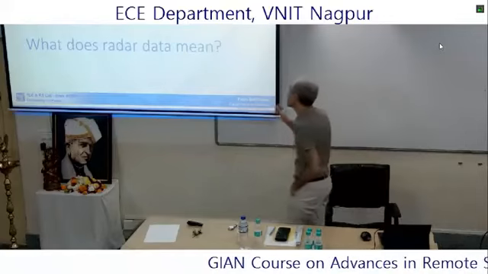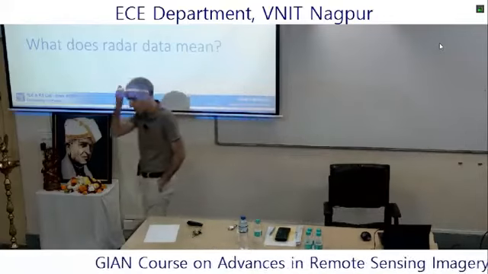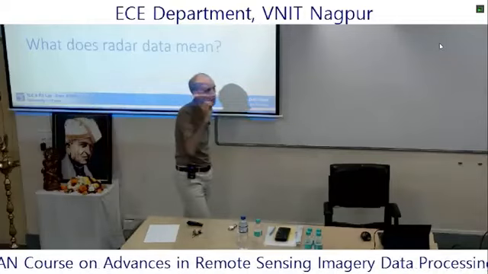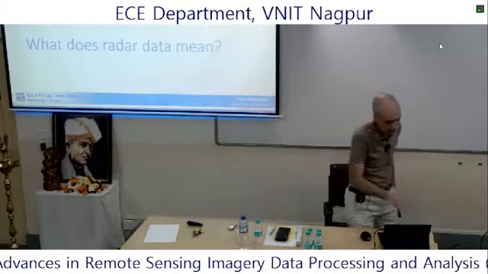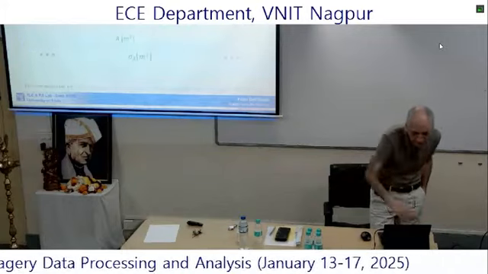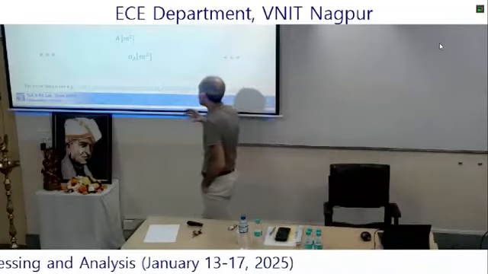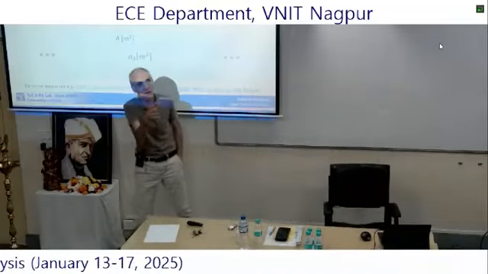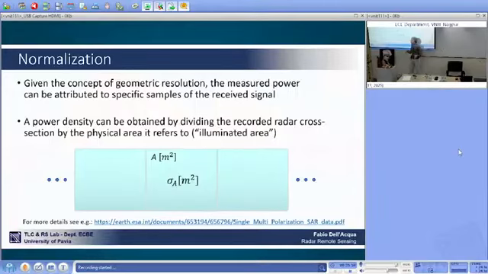What does radar data mean? Not that you're not interested in radar data, but in the precise physical meaning, because you need to really look into the details of the physical process. So I will limit myself to saying that in some sense, like for optical data, what you do is identify for every pixel a corresponding portion of the Earth's surface to which you attribute the sensed wave that you're recording with the antenna.